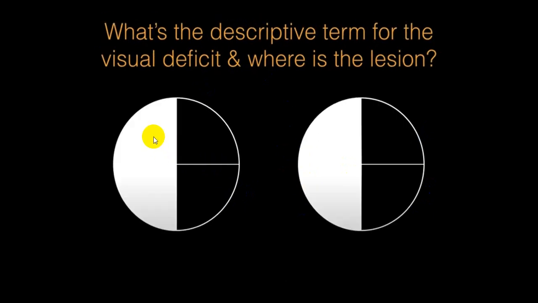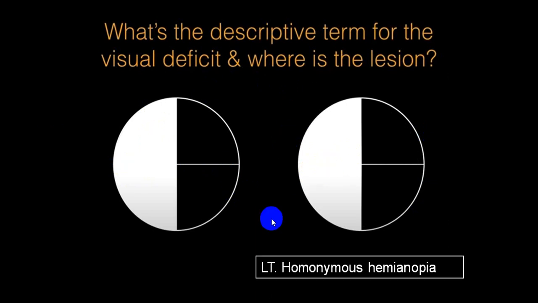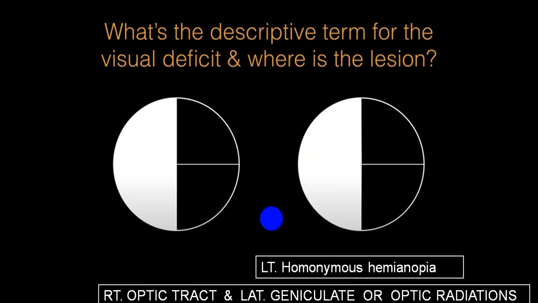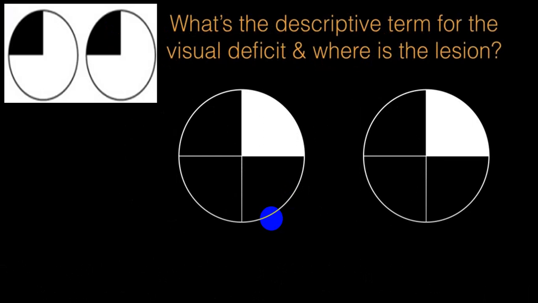So this side temporal gone, this side nasal gone. So this is the left side field, left side homonymous hemianopia. And this will happen when you get damage to the right side optic tract, or at the lateral geniculate body, or the complete optic radiation.